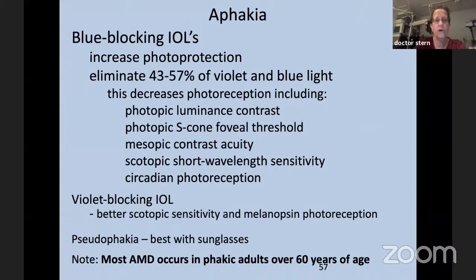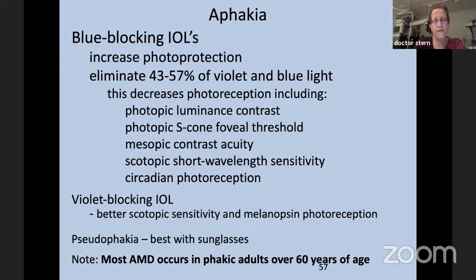Now, there are what are called blue blocking intraocular lenses, and they do eliminate anywhere from 43 to 57% of violet and blue light. But while it may be more protective of the retina once you don't have the lens with all that lipofuscin, we do know that it may have a negative effect on how you see color, and on circadian photoreception, on the circadian rhythm.